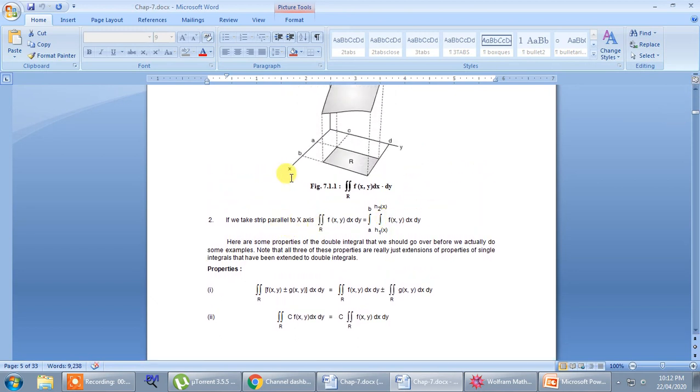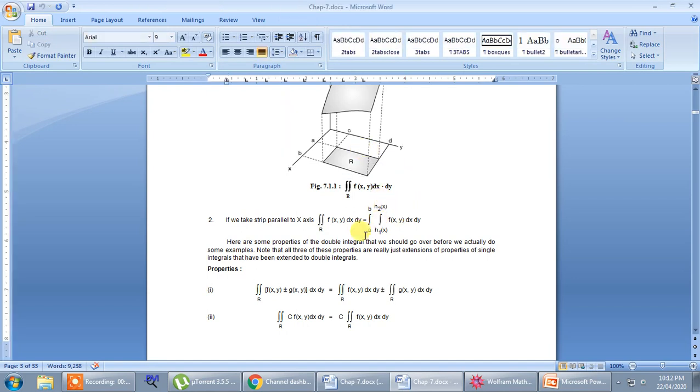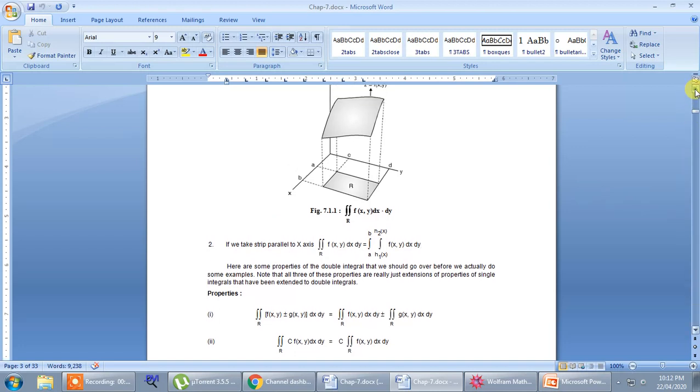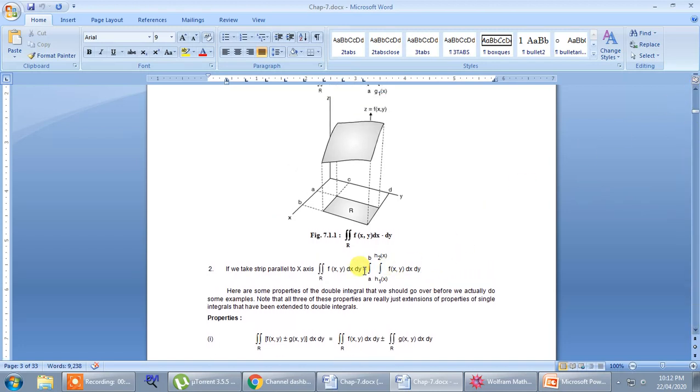In the previous lecture we saw the geometrical and physical significance of double integration, and how to deal with different concepts: if the inner integration limit is in terms of x, it is the limit for y, and if it is in terms of y, it will be the limit of x.